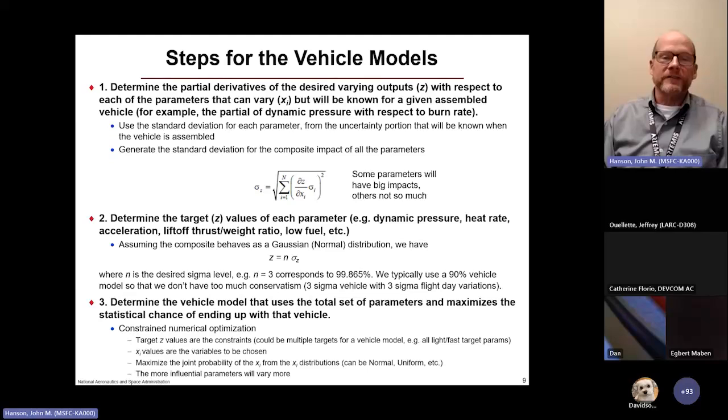So you have a simulation and you can change one of your input parameters, like your thrust or specific impulse or burn rate or whatever, aerodynamic parameters, and you can see how much these output things change with respect to a change in those inputs that you're going to vary. All right, so the X's are the inputs and the Z's are the outputs of the simulation. So you generate things, for example, like the partial of dynamic pressure with respect to burn rate.